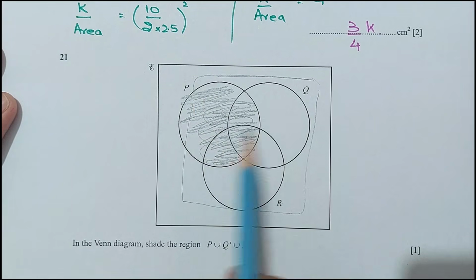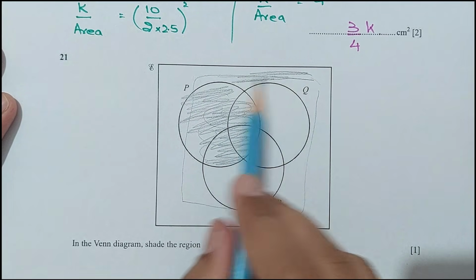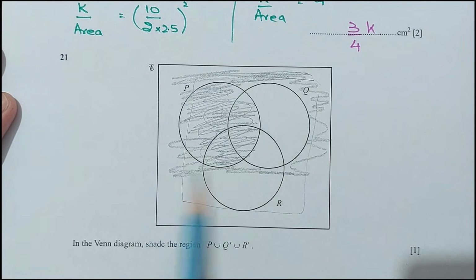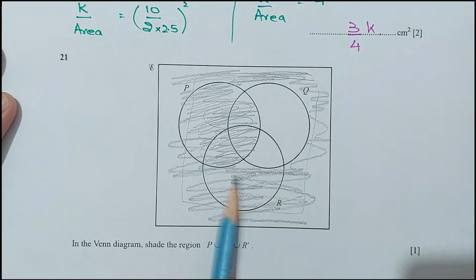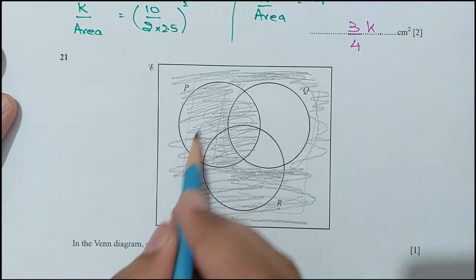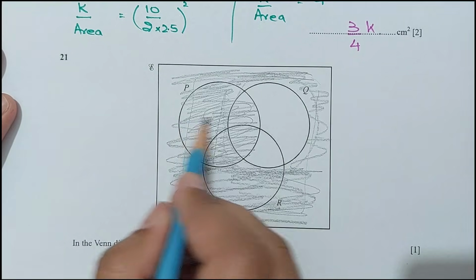Q complement is a region which is outside of Q, not the set Q. This is Q, and outside of Q. And its union with R complement: this is R, and R complement is the outer of R.